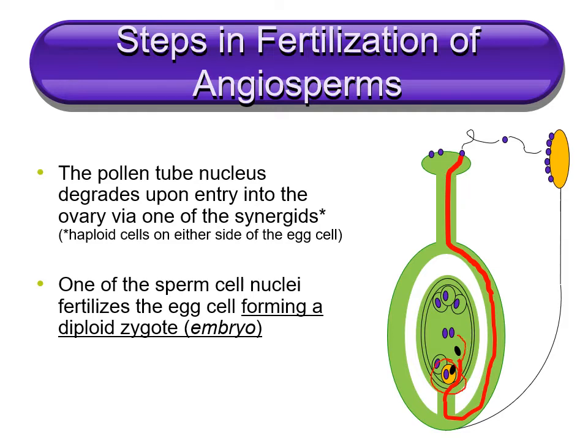And the other travels up to the center where there are two haploid cells waiting, and it forms a triploid endosperm. So that's probably the key information out of what a double fertilization is, in the sense that we're forming a zygote and we're forming a triploid.